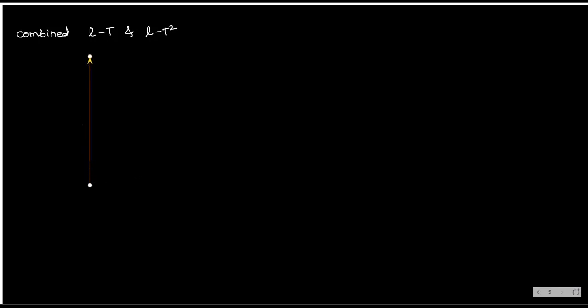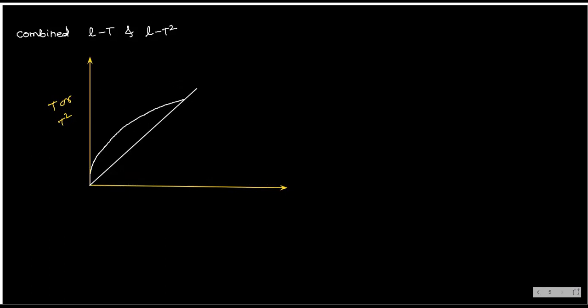See here. This is T or T square. The first graph, we already know, is a straight line, L versus T square graph, and the other graph you got something like this.